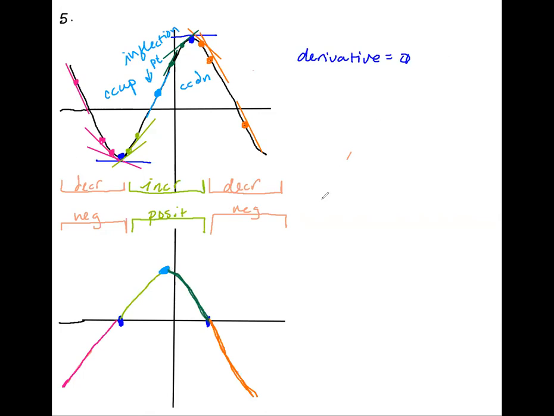So that's kind of what this derivative graph is going to look like. We broke it down into decreasing and increasing. And then this part where we had to transition from concave up to concave down, we can see where our maximum slope is, which is right at that transition point.